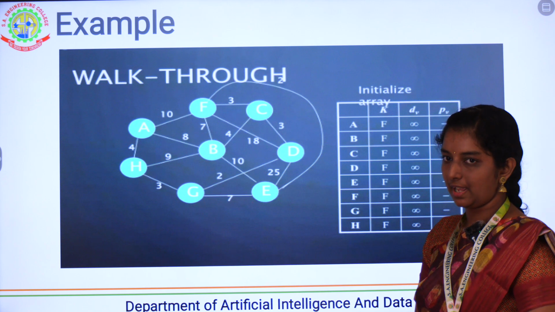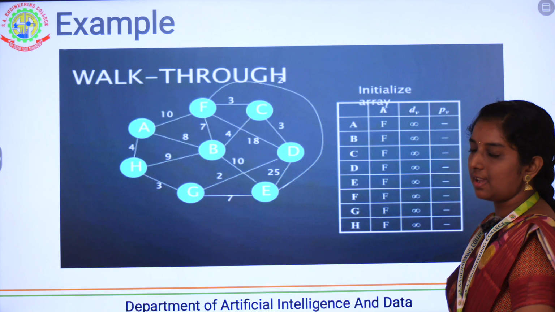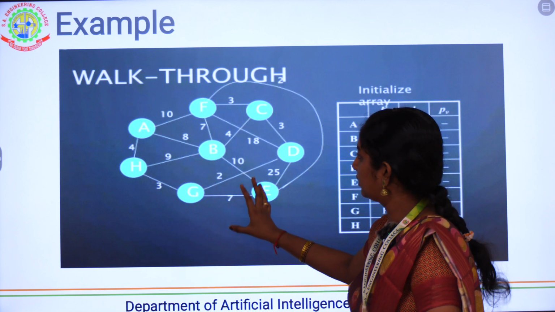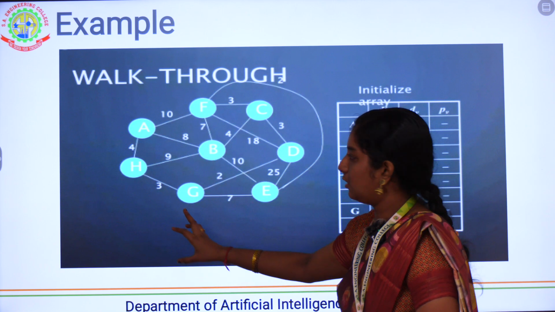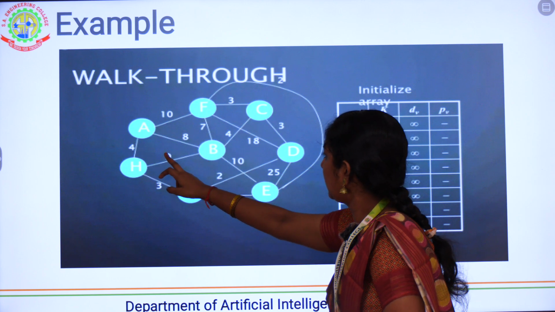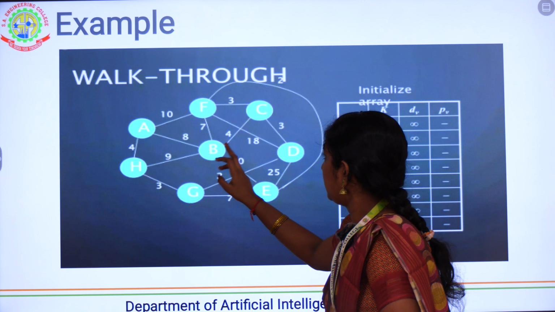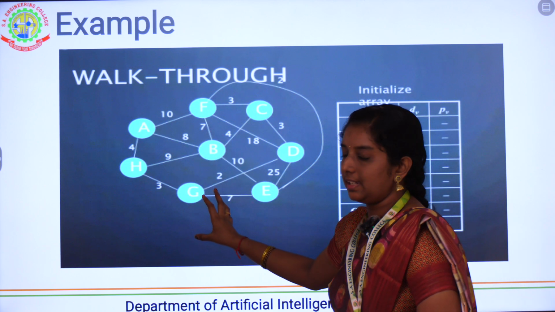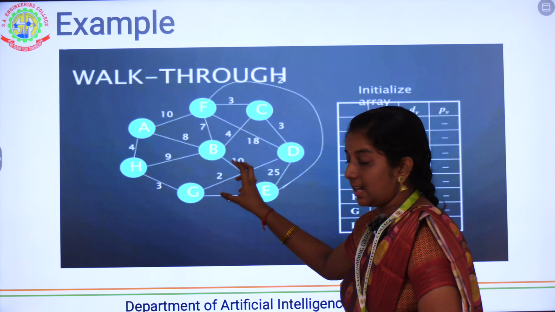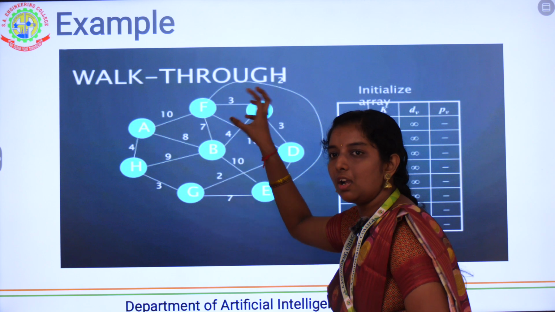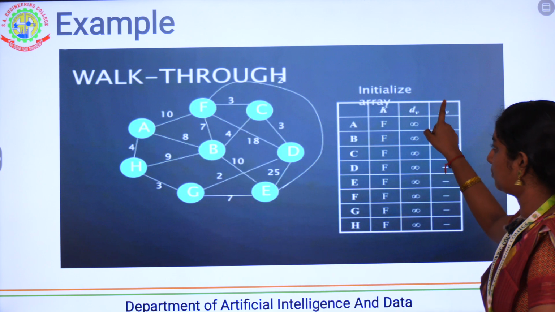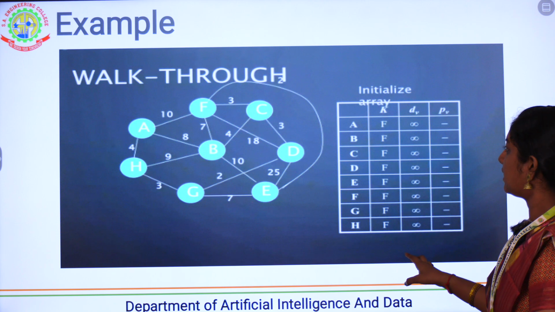This is the example for Prim's algorithm. In this example, they have given an undirected graph with nodes A, B, C, D, E, F, G, H. These nodes are all interconnected with undirected edges along with weighted values. Here in this box is the initial array.